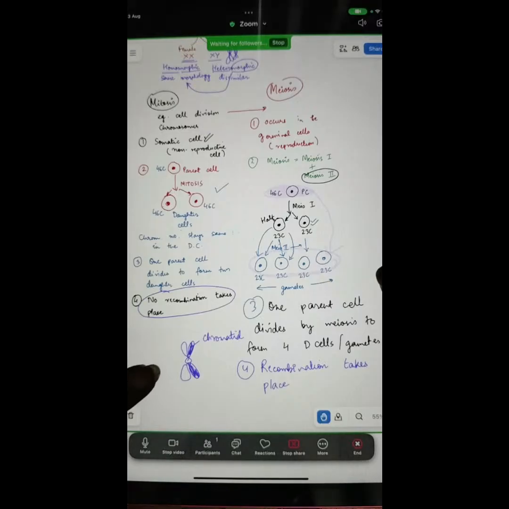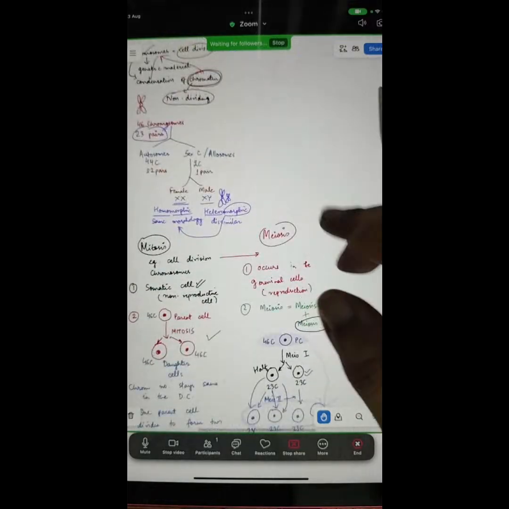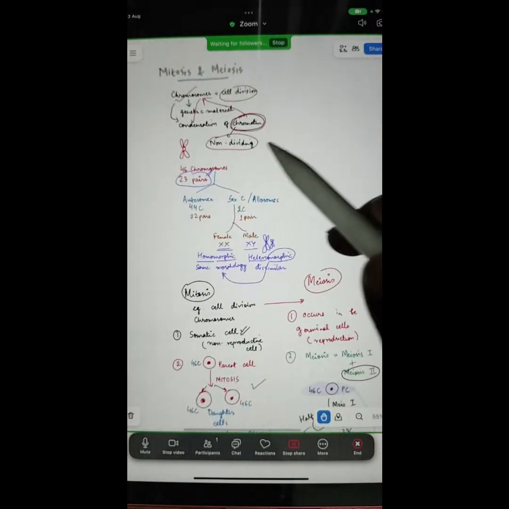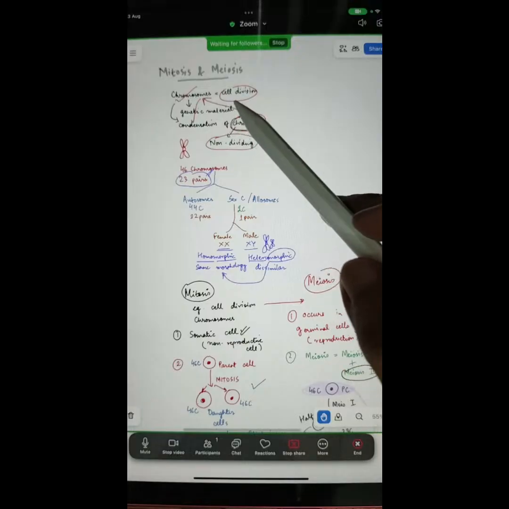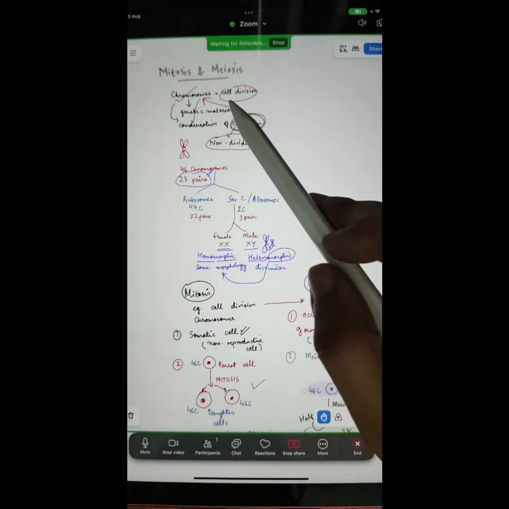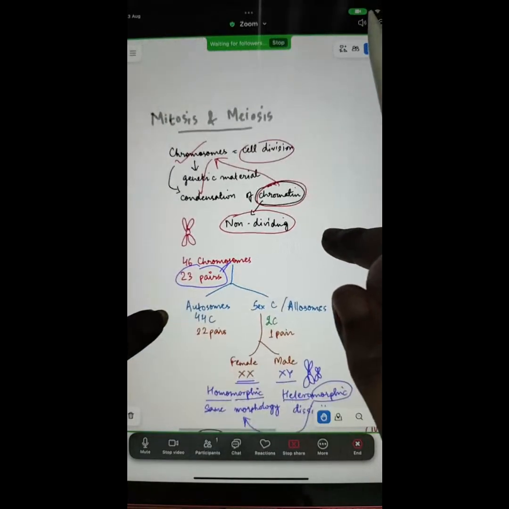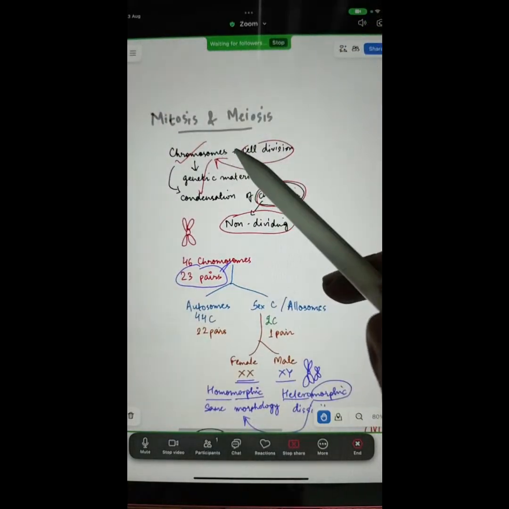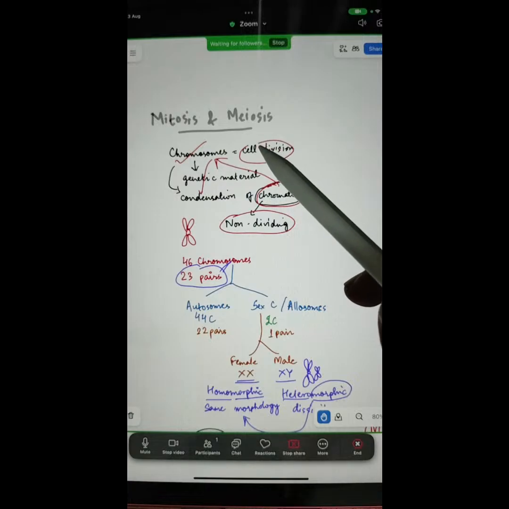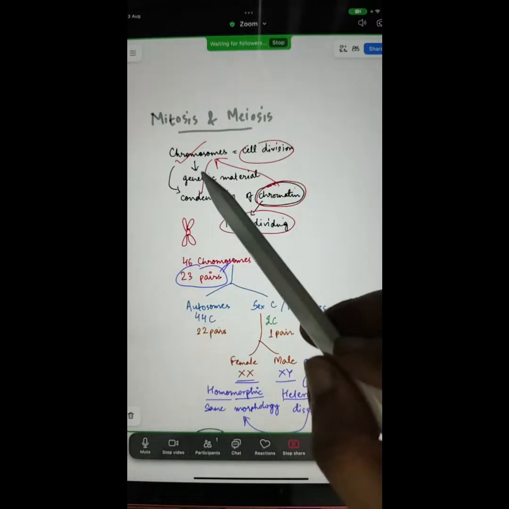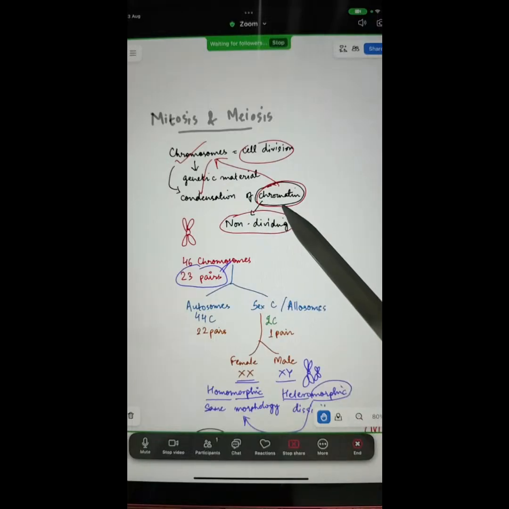So quickly, let's summarize what we have studied till now. I started from here. I gave you the idea about chromosomes. Chromosomes are generally seen during cell division. I hope my screen is clear to you. Chromosomes are the structures formed by the condensation of chromatin.